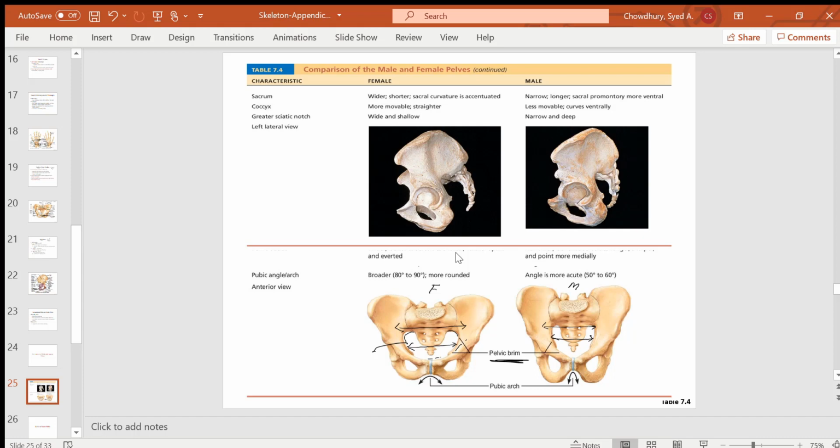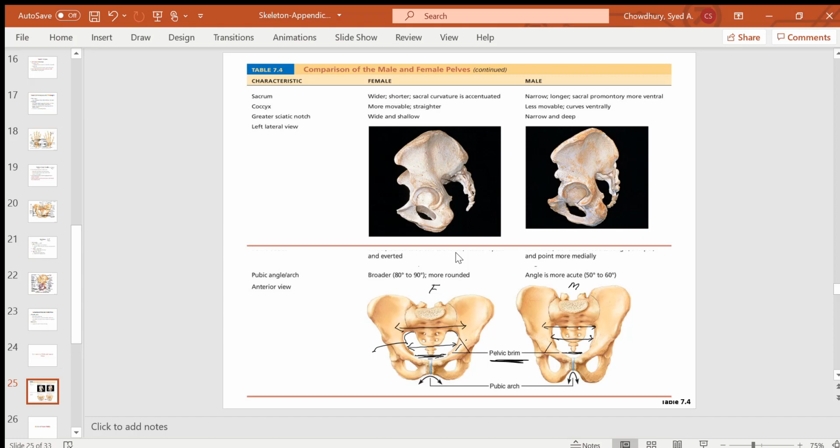And also the lower outlet, if you see the outlet here, in the female the outlet is bigger because that helps the childbirth. The outlet is wider, so the fetus can easily get out.